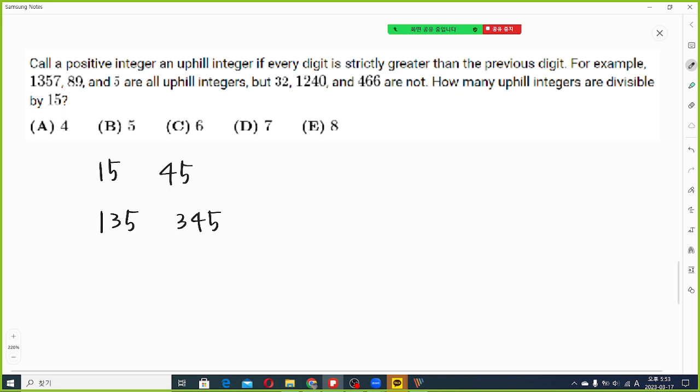Can you make 4 digits? Something like this, right?